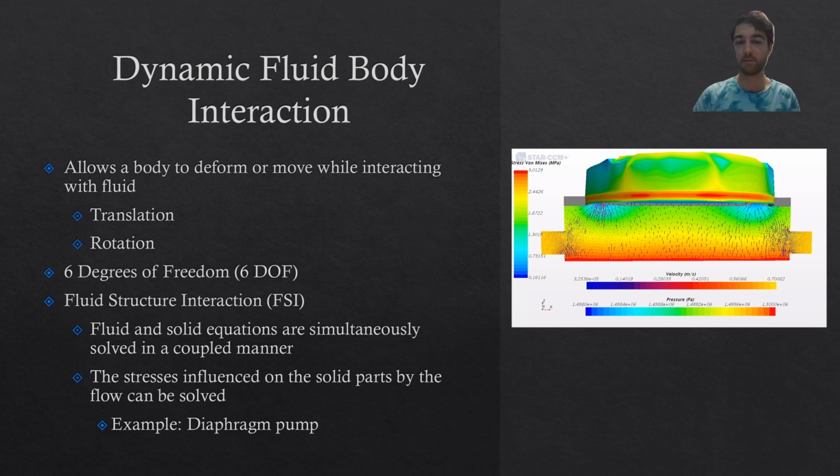In FSI, there's actually a fluid and a solid that are interacting with each other. I'll give you an example on the right-hand side. This is the motion of a diaphragm pump.